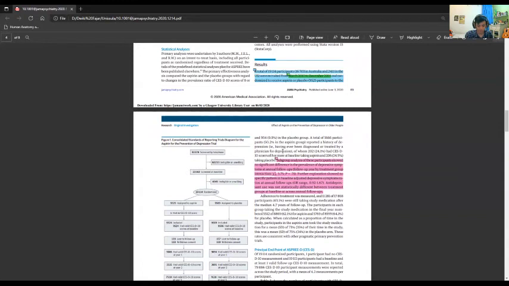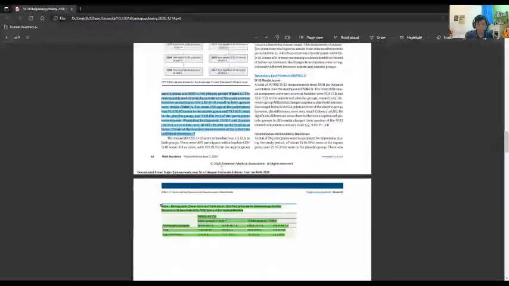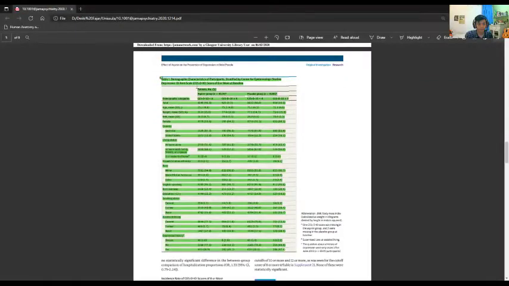So we move to 15 here. So 15 is the baseline data. It's like a table showing baseline demographic and clinical characteristics of each group.